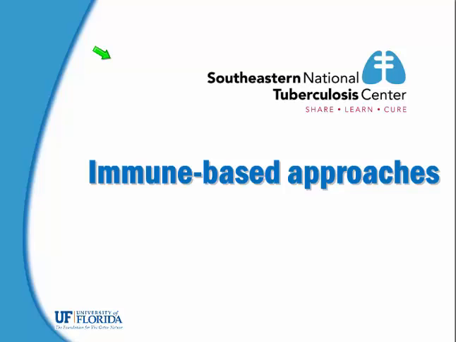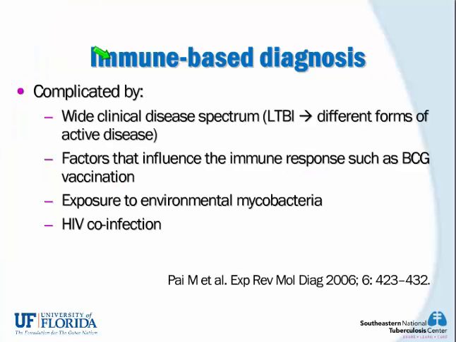We move on to talk about immune-based approaches. The problem with these immune-based approaches is that tuberculosis has a wide clinical spectrum of disease. It varies from LTBI to different forms of active disease, which can be mild or severe.